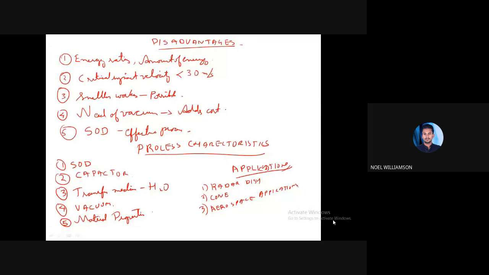So these are the basic applications: the radar dish, preparing cone-shaped material in thin and small workpieces, and also the aerospace applications. So these are all about the electro-hydraulic forming process. By this we come to the end of our fifth module. In the next class we'll start our sixth module.